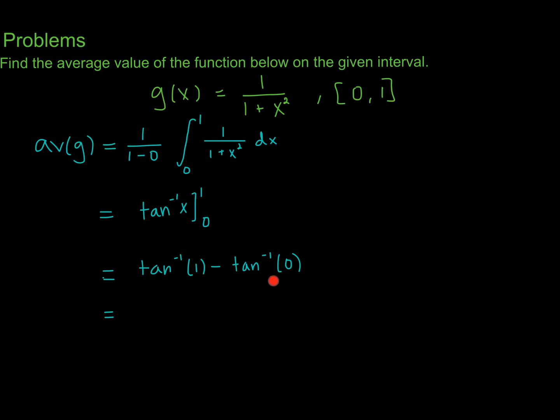And then where is the slope going to be 0? Well, that's going to be at 0. So I end up with pi over 4 minus 0. And therefore the average value of my function g is pi over 4. If you don't quite believe me, go ahead and take a look at the graph of inverse tangent from 0 to 1, and you should be able to see that this makes sense.